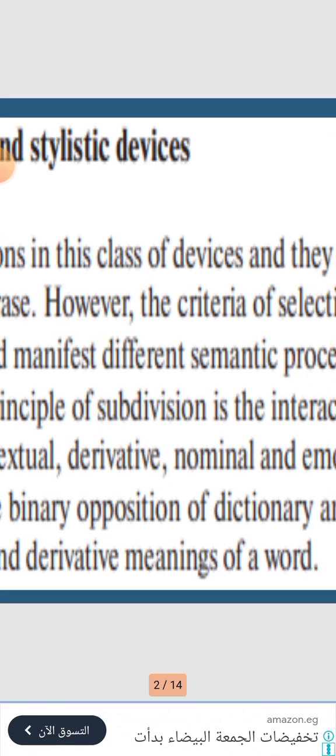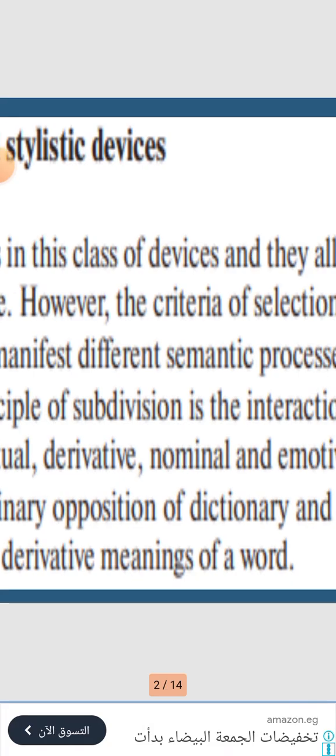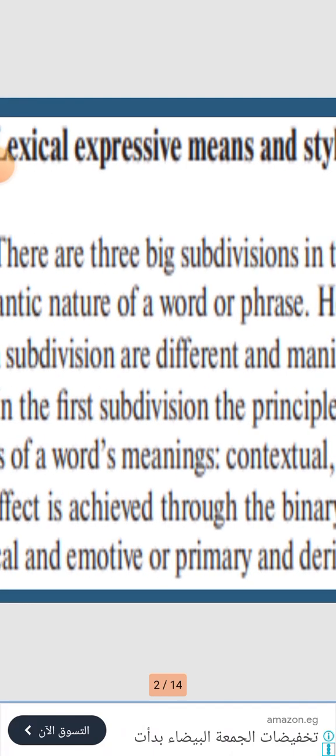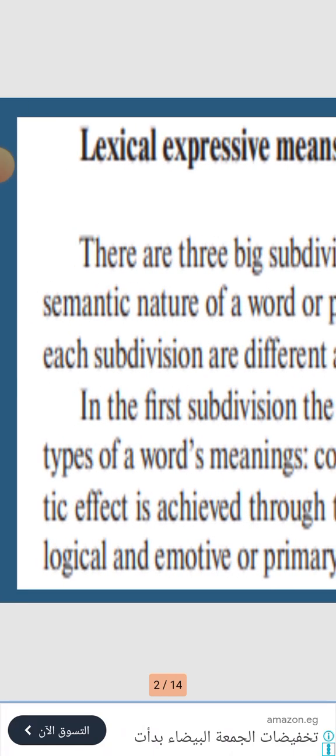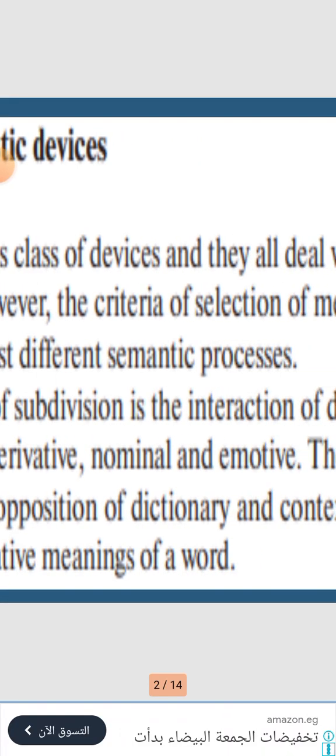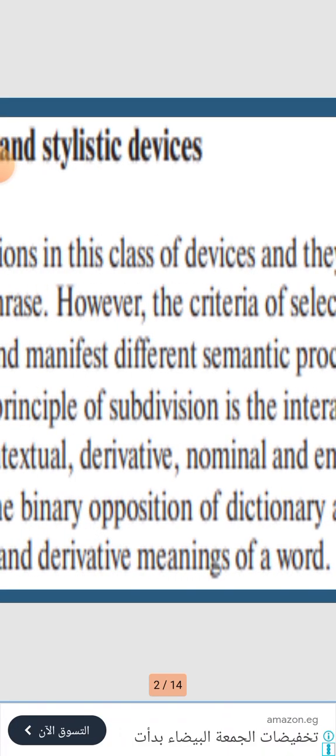They only look through the meaning. However, the criteria of selection of means for each subdivision are different and manifest different semantic processes.